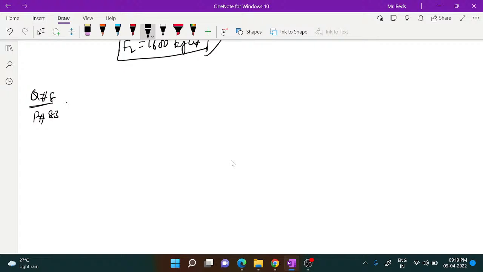So the question is: four identical hollow cylindrical columns of steel support a big structure of mass 50,000 kg.